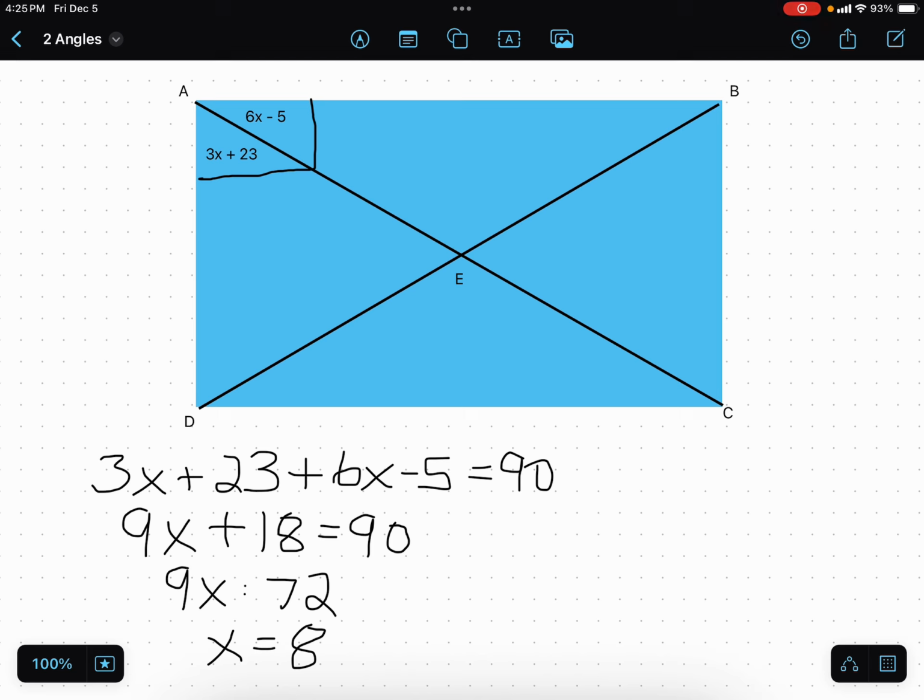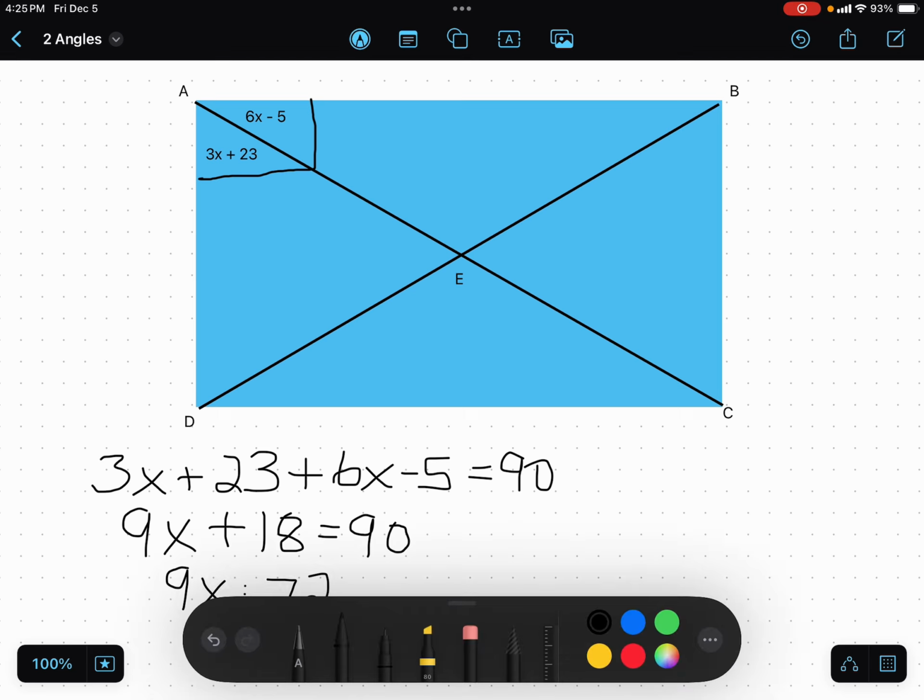If you need to plug in x into these expressions to get specific angle values, angle measures, you can. So let's go ahead and do that. Let's do 3 times 8 plus 23, which will be 24 plus 23. So this angle here is 47 degrees.